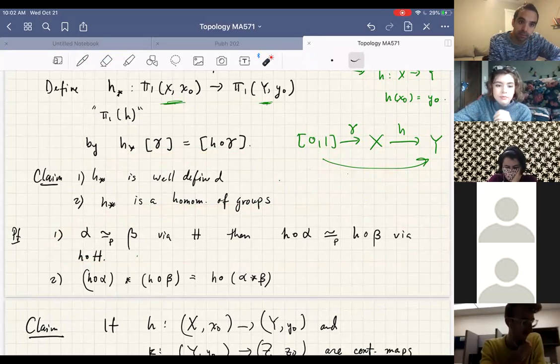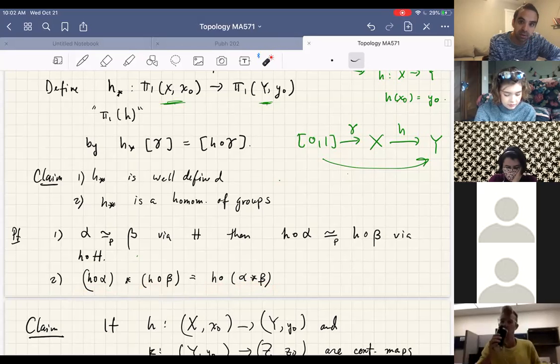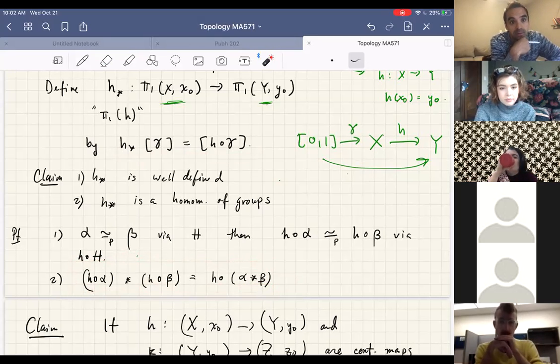That's also straightforward once you convince yourself that if you multiply the composition of H and alpha with the composition of H and beta, that's the same as multiplying alpha and beta and then composing with H. So once you convince yourself of this, again, which is straightforward, you can quickly see that that implies that H star is a homomorphism of groups. It's compatible with the multiplication of loops.